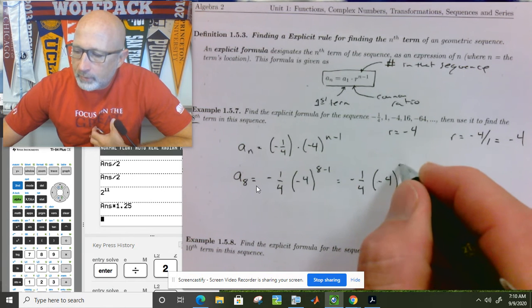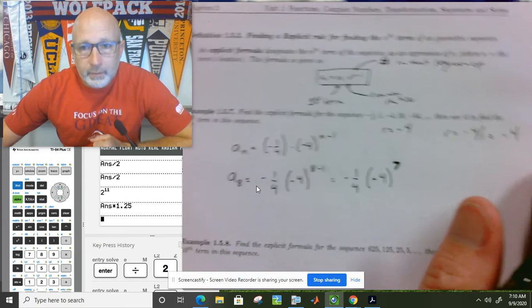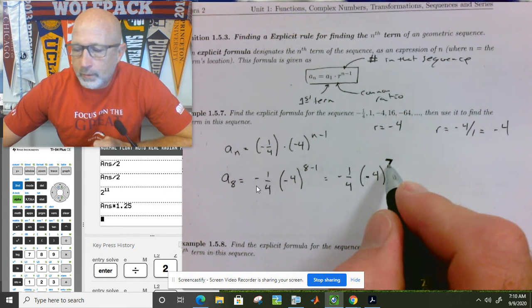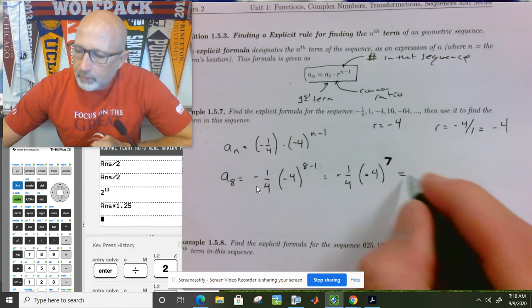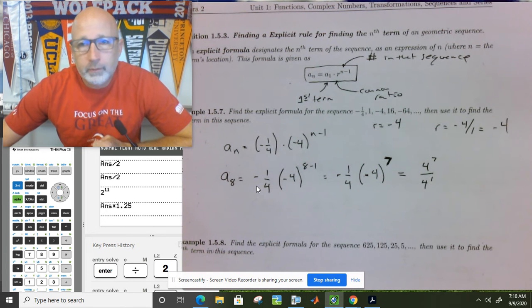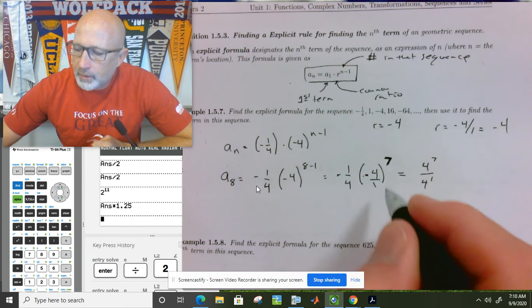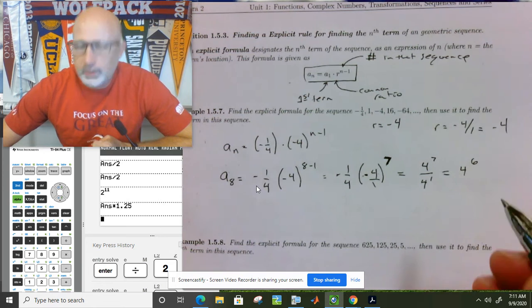When I take it to the 7th power, a negative raised to the 7th power is still going to be negative. In other words, this negative will pop out once I take it to the 7th power. It's going to be multiplied by this negative. So this is 4 to the 7th power all over 4 to the 1st, because the negative times the negative is going to make a positive, and I just kept that on the top. Okay, well, that's equal to 4 to the 6th.